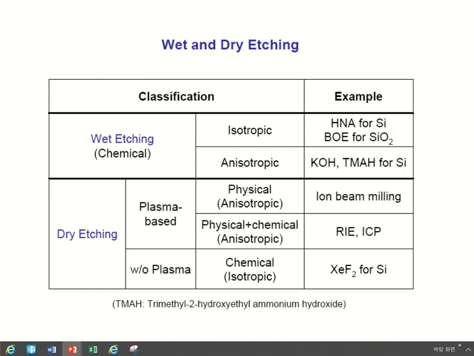ICP is popular to make a very deep etching. So you can achieve very high aspect ratio of structure through the ICP. Without plasma, you can use XeF2 for silicon. So those are methods available to choose.